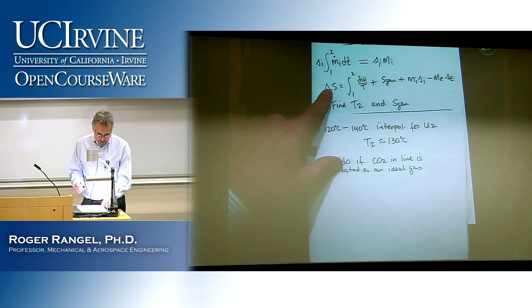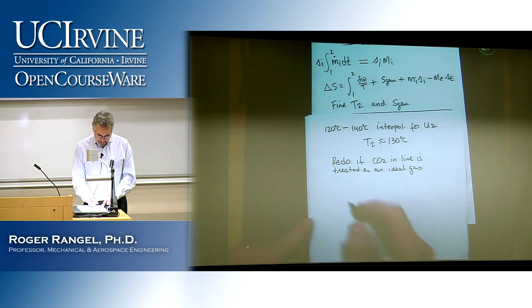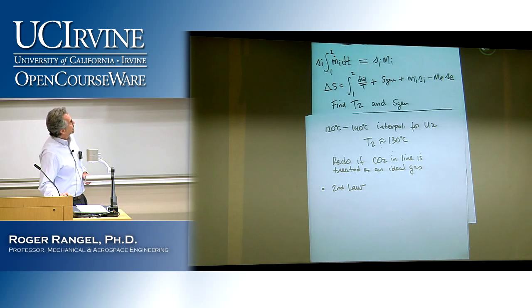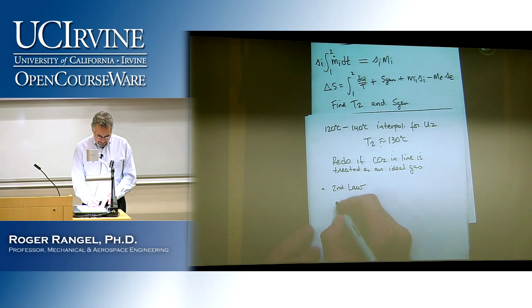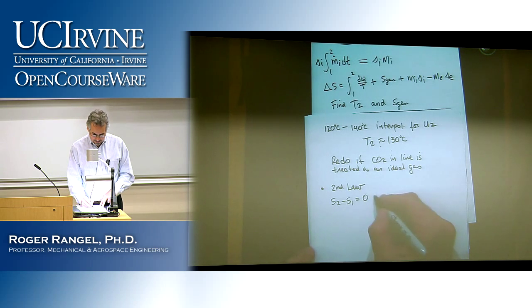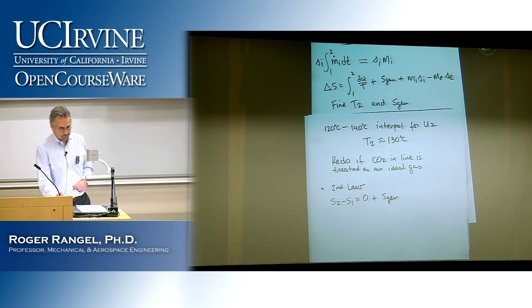So if we write this equation, the delta S is S2 minus S1. So that's our second law, I'll find a conservation equation. So we would write S2 minus S1 is equal to, there is no heat transfer, it's insulated, so that's 0, plus entropy generation, all right?